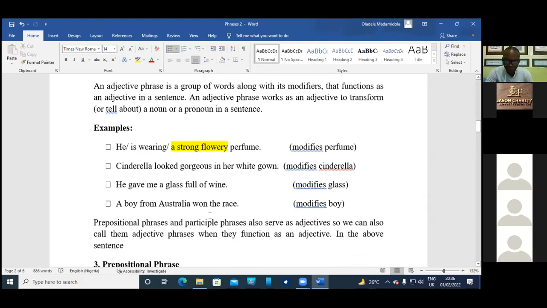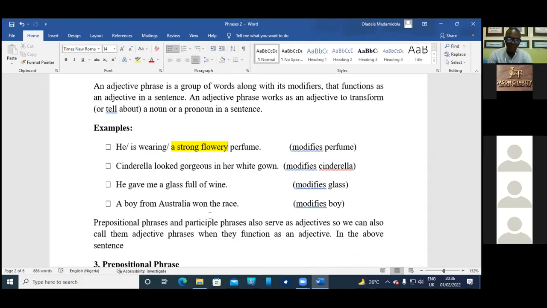Cinderella looks gorgeous in a white gown. What is the adjective phrase here? Anybody? First, what you look out for is the noun the adjective is modifying.